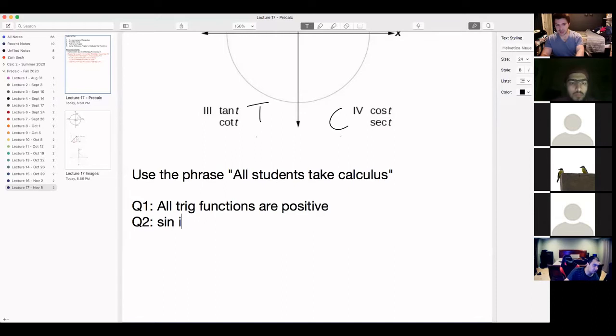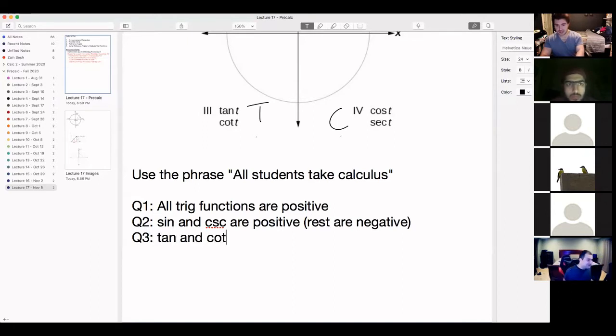Actually, sine and its reciprocal cosecant are positive. Rest are negative. Quadrant 3, tan and cotangent are positive. Rest are negative.